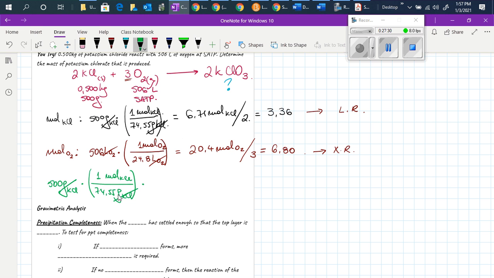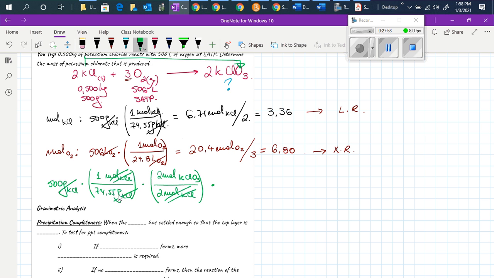This will give us the moles of potassium chloride. Now we are moving from moles of potassium chloride to moles of potassium chlorate. So it will be 2 to 2 moles, so the ratio is 2 moles of KClO3. So moles of potassium chloride cancel out.